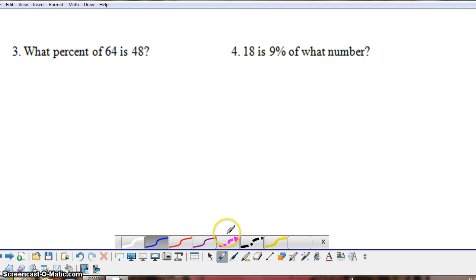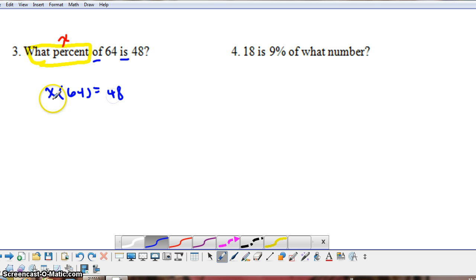What percent of 64 is 48? So this "what percent," I'm going to let that be the variable x. And remember, "of" means to multiply, and "is" means equals. So my equation is x times 64 is 48.